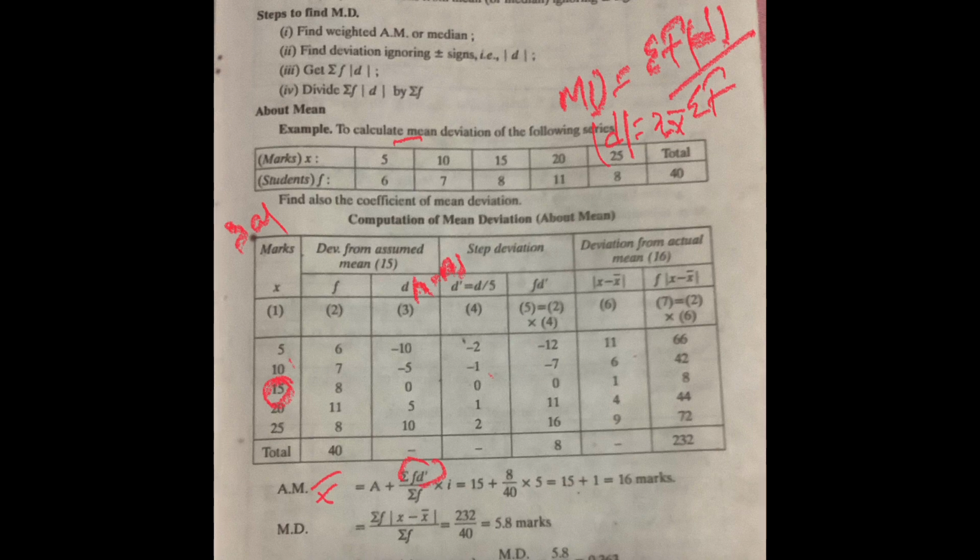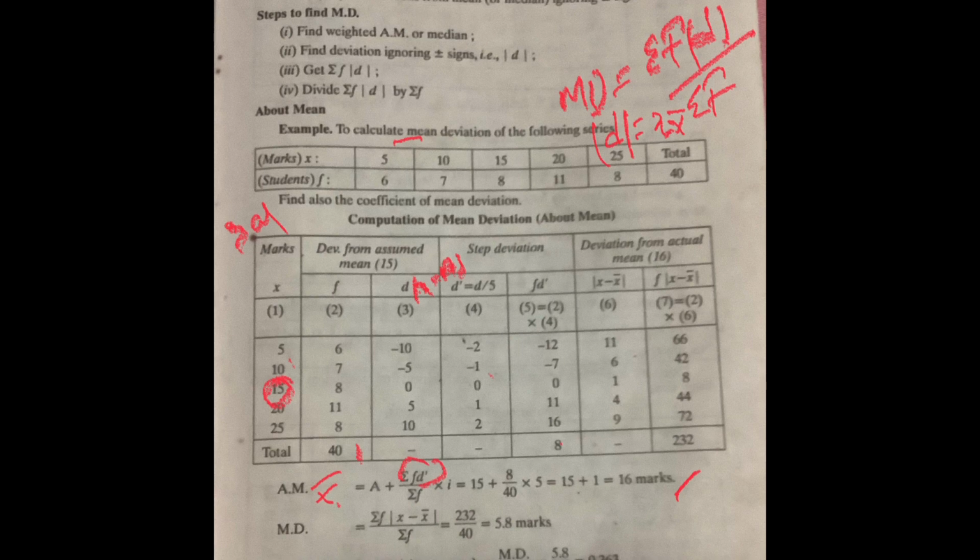Now you can total it: summation of f d dash is 8, and summation of f is 40. So x bar is equal to a, which is 15, plus summation of f d dash, 8, divided by summation of f, 40, into i, which is 5. So our x bar will be 16.